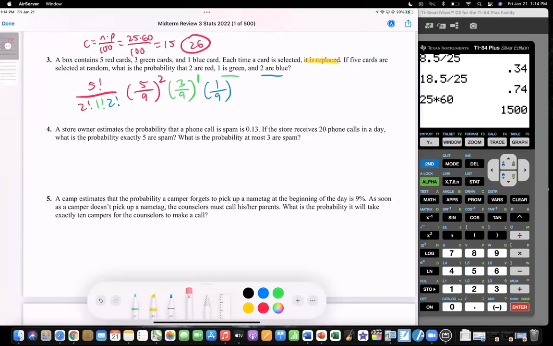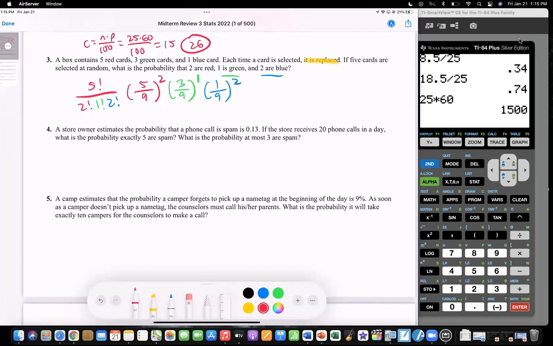And we want 2 blue, so we want 2 of these, right? Because remember, what exponent is just repeating, right? So if I square, this is 5 over 9 times 5 over 9. So by squaring this, we're not changing the probability, right? So we're not taking away 1 each time. So for multinomial, replacement is important. Otherwise, we won't be able to use exponents. We'll have to take away 1 each time.